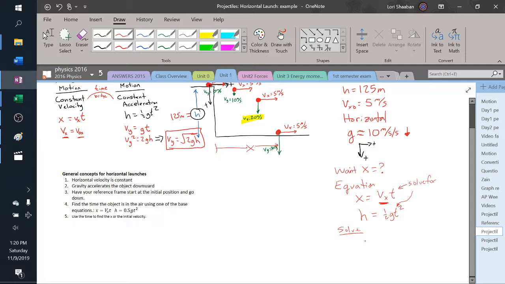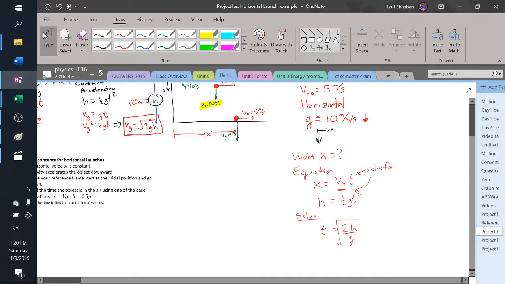So for time, let's multiply both sides by 2, divide both sides by gravity, and then we'll take the square root of all of that. We kind of showed that in the last video. So let's go ahead and plug the values in. Plus or minus, but we're only looking in the positive future here. The height was 125 meters, and gravity is about 10 meters per second squared.